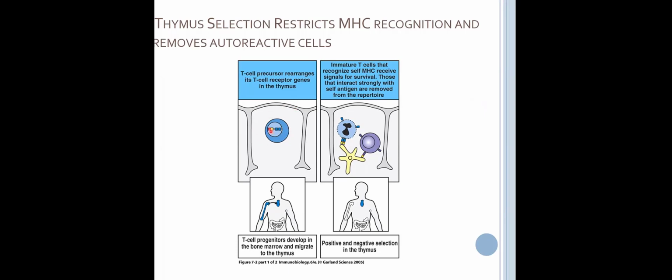So as the T cell's developing, it randomly makes a receptor. It may be specific for something you'll never see. It may be specific for a virus. It may be specific for a self-protein. If it's specific for a self-protein, it will see that self-protein in the thymus because the thymus is really good at expressing lots and lots and lots of different self-proteins.